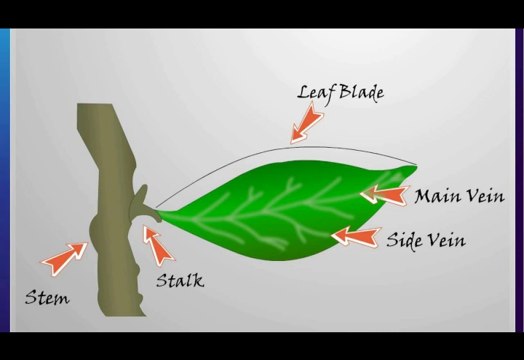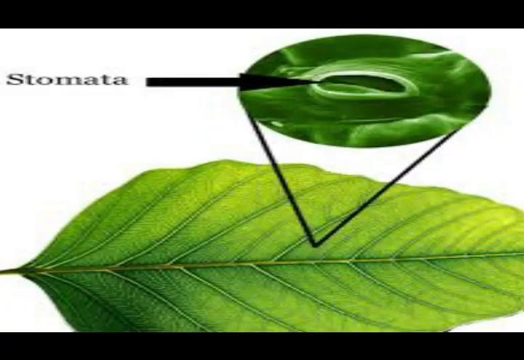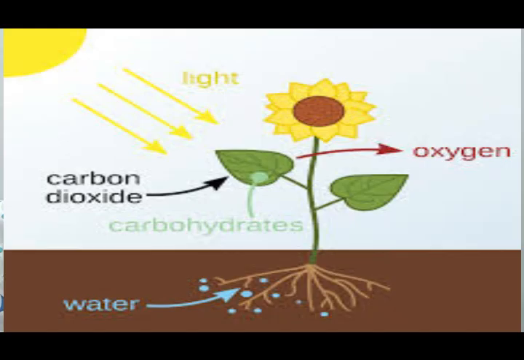The long tube passing through the middle of the leaf, which comes from the tip to the end, is called the midrib. The stalk connects the leaf to the stem. Tiny openings on the leaf known as the stomata help the plant take in and give out air.